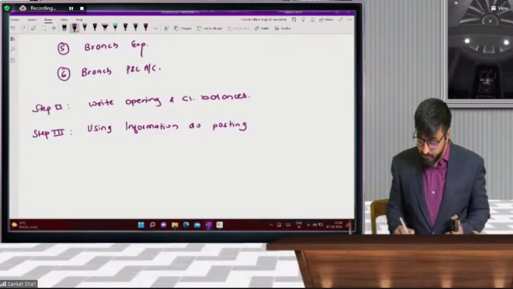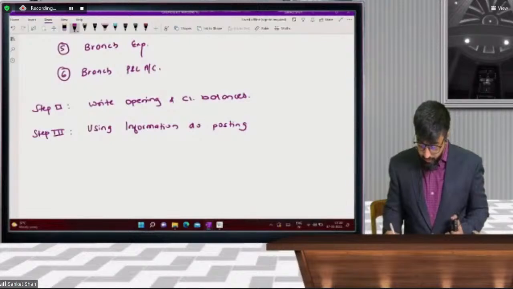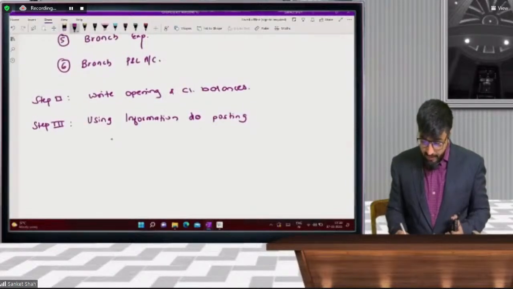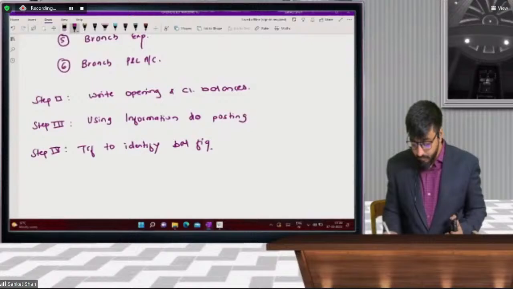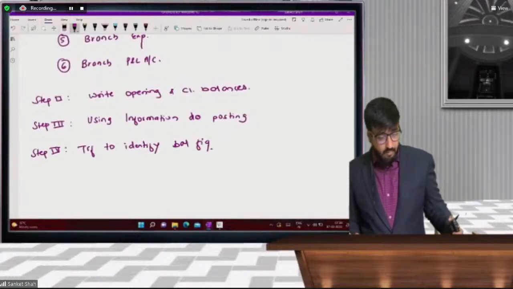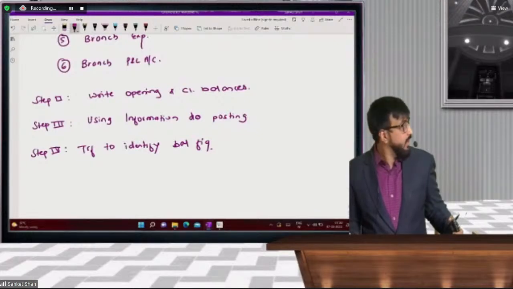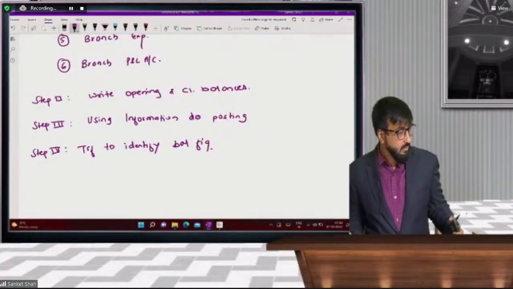Using the information, do posting line by line. Step 4: try to identify the balancing figure.